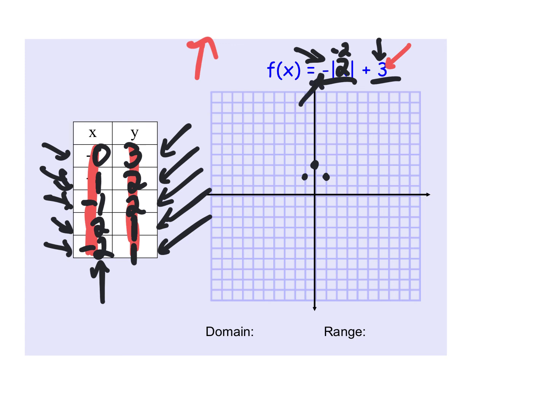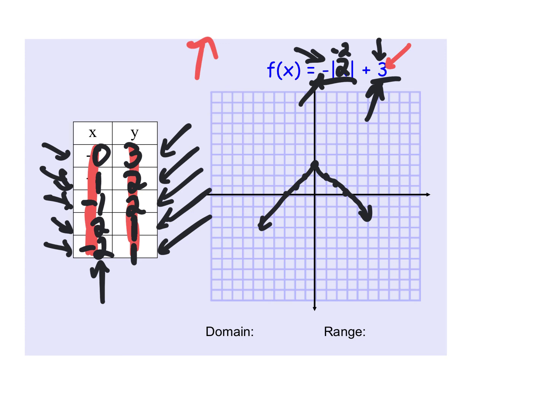Look at that. With a move up of 3. Well, look at that. The V shape is moved up 3. Look at this. It would just keep going and going and going like that. It's an upside down V shape that's been shifted up 3.